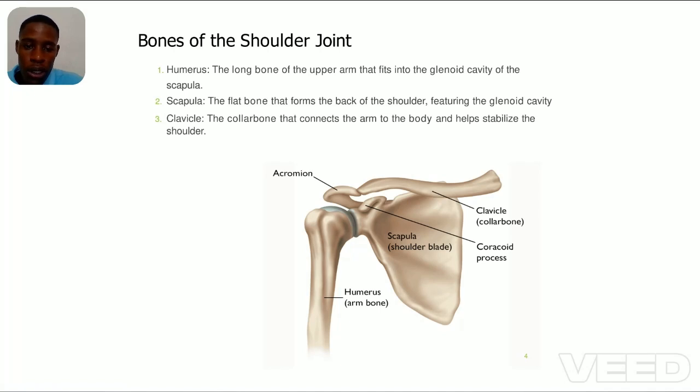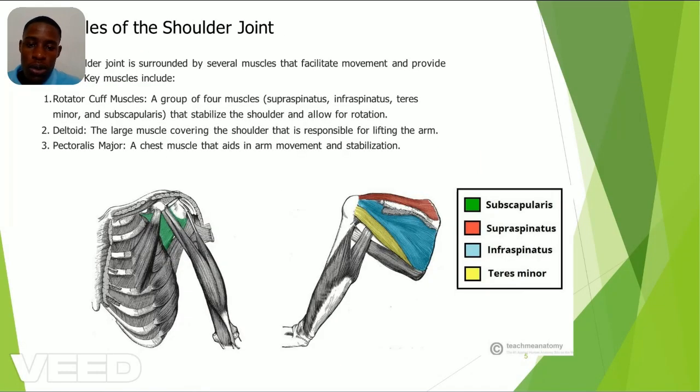So you've got the humerus, which is the long bone of the upper arm that fits into the glenoid cavity of the scapula. You've got the scapula, which is the flat bone that forms the back of the shoulder and has the glenoid cavity. And we've got the clavicle, which is the collarbone that connects the arm to the body and helps stabilize the shoulder.